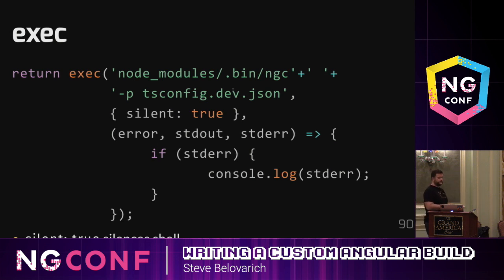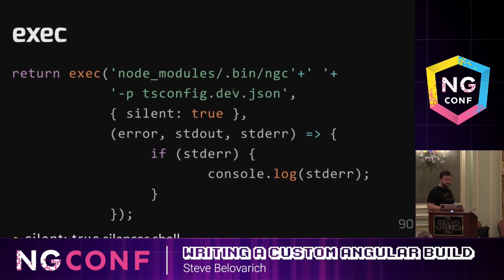So we could do something like this, right, where we use the exec command to point to ngc installed locally. We use the p flag. We are going to use this argument, this option called silent to silence the shell.